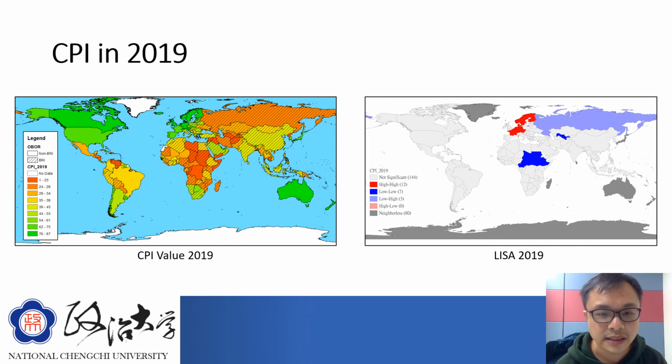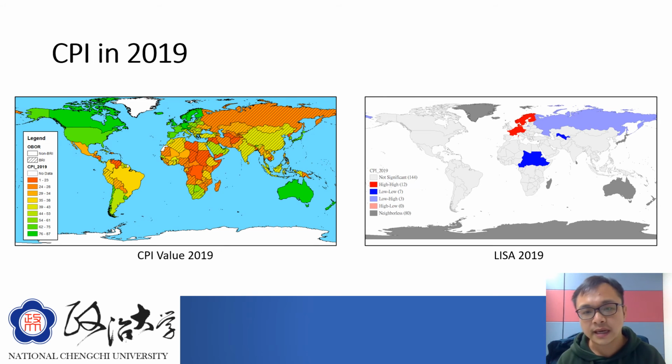India is getting less corrupt, and some of the Southeast Asian countries are improving. So we can do some comparison here. On the right-hand side, you can see the clusters. Again, you have clusters in Europe, which means European countries are generally clustered as least corrupt countries.